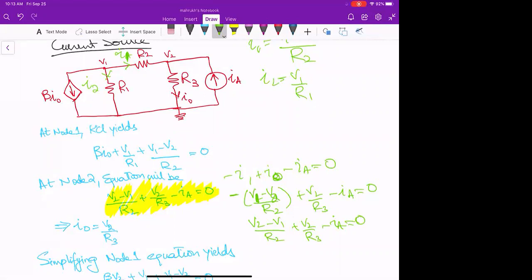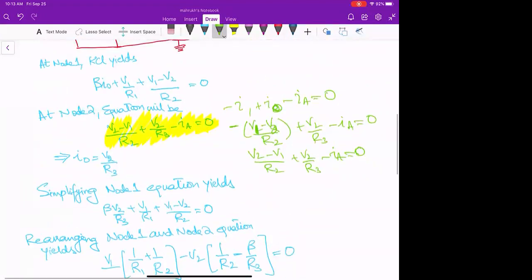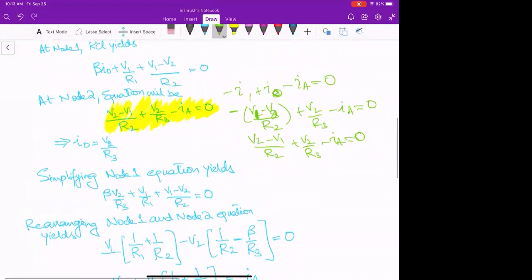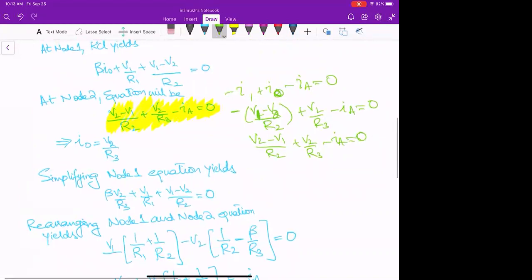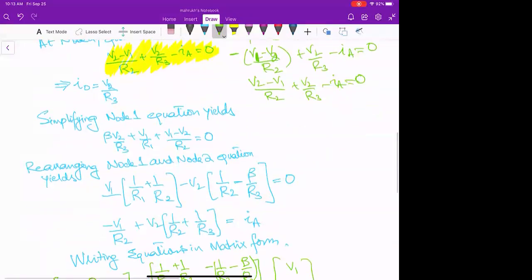This is okay. I think I am confused with the beta equation, because what I'm doing here at node 1 is beta V2 over R3 plus V1 over R1 plus V1 minus V2. This is good, I think. Right. But how is this matching with the book? Minus into minus.